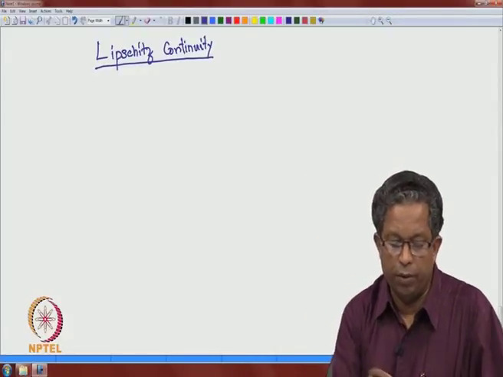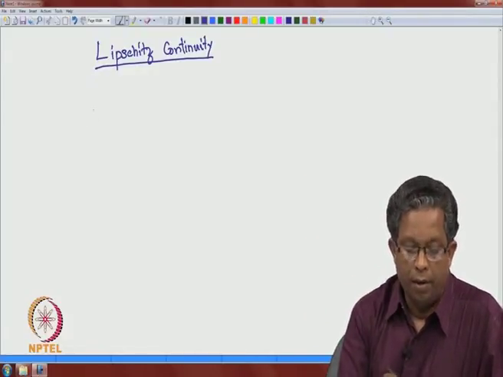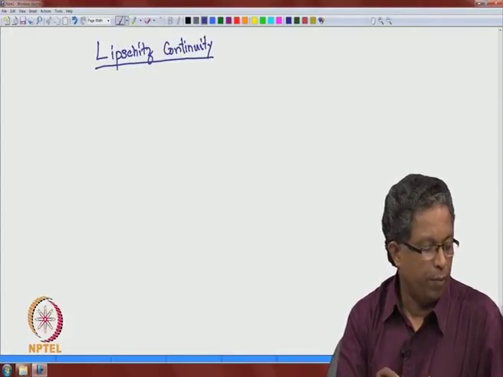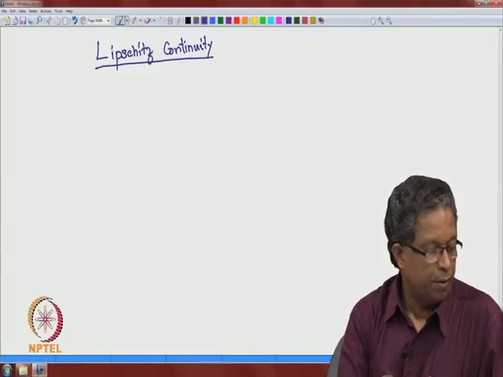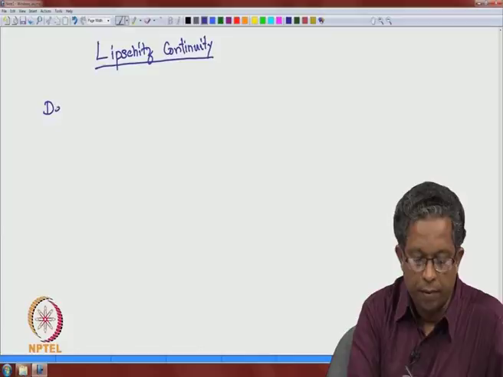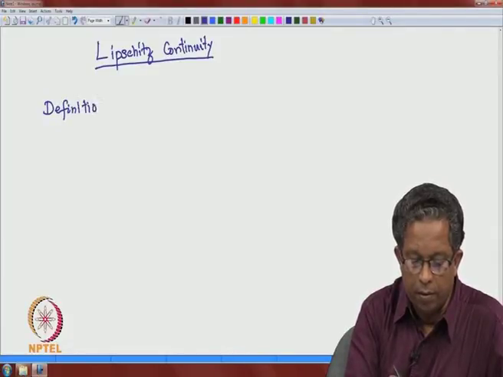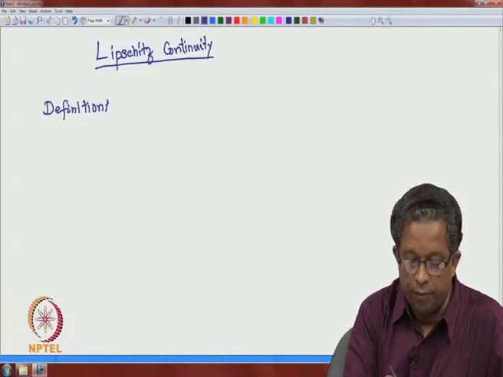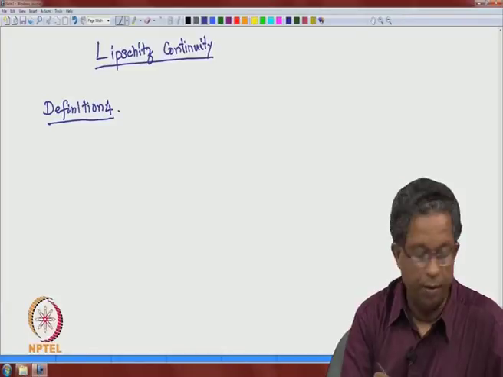Initially, for the sake of simplicity, we will define Lipschitz continuity for a one variable function. So, this is definition 4 in this lecture.